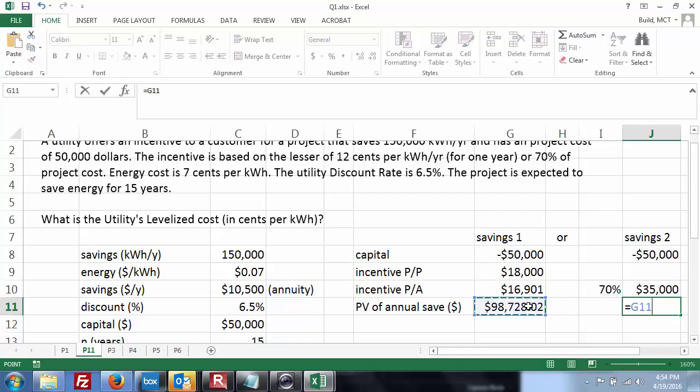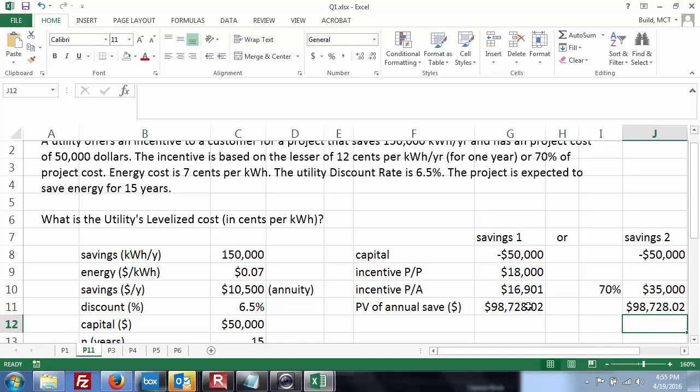That's the same. I mean, I think the savings over time is going to be, oh, what is the utilities levelized cost? Okay, here we go. Now we do this. Levelized.